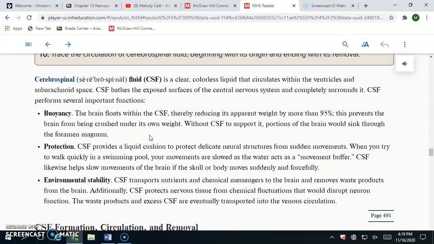Another one that you don't probably ever think about, I didn't really think about this, is that it provides buoyancy. So our brain is sitting in the bones, surrounded by the bones of our skull, and gravity alone causes our brain to want to fall down onto the floor of that skull cavity, or cranial cavity, which we don't want it to do because that means our brainstem and those structures on the inferior part of the brain would be squished and pressure would be put on them.